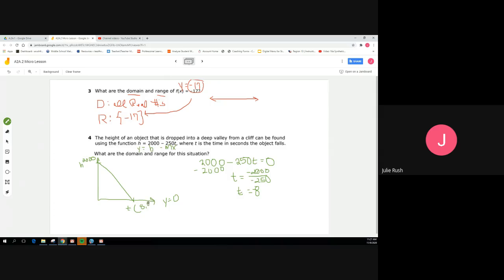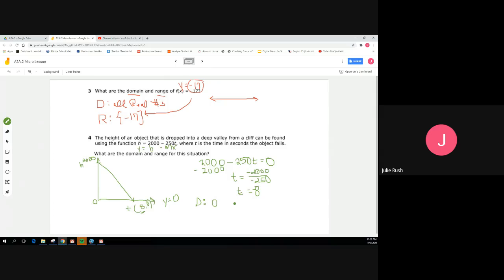And the reason that that's important to find is because that's going to give me the range of my domain. This is the highest value of my domain, and my lowest value would be 0 here in the corner. And because we're talking about time, which is measurable, notice I drew a straight line. I didn't draw individual dots for each second. So our domain starts at 0, because time starts at 0.